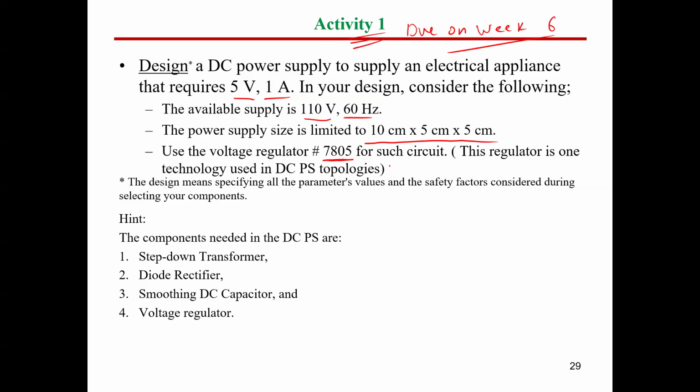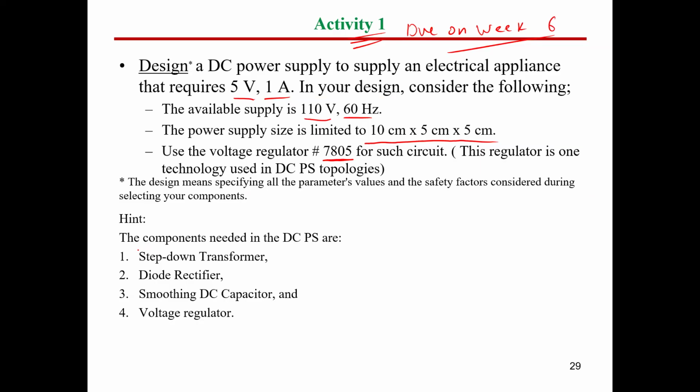We didn't discuss the voltage regulation yet. Later on, we will discuss the Zener diode and the voltage regulators. So this is what will be used. And the design means specifying all parameters, values, and the safety factors considered during the selection of your elements.